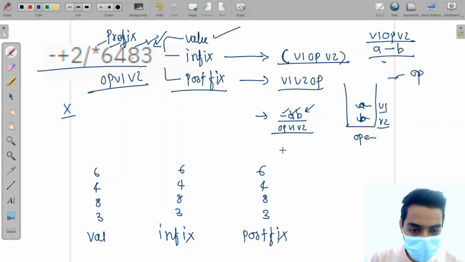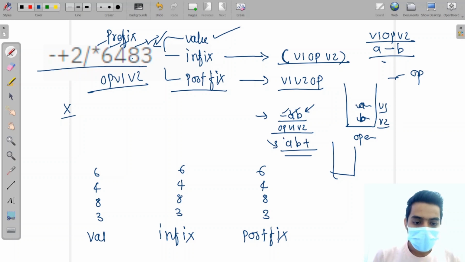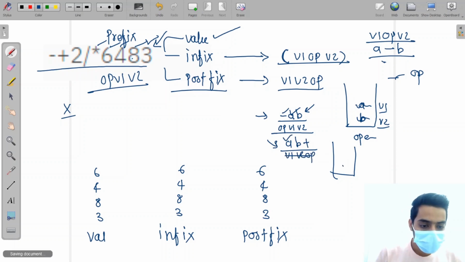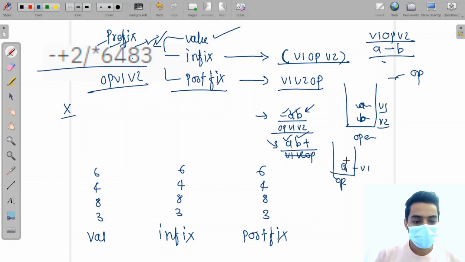When we are traversing any expression from left to right, the popping will be something different. That is like this: a b plus. A appears, this is v1, this is v2, and this is the operator. A appears, a is pushed into the stack, this is value 1. B appears, this is value 2. Now the operator appears.